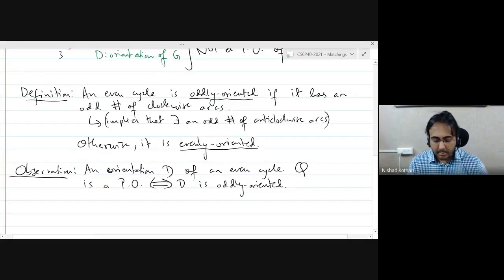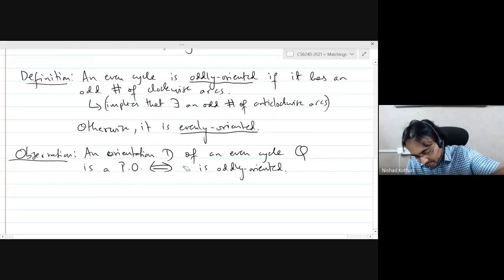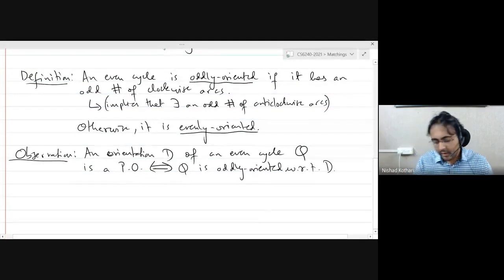So if there are an odd number of clockwise edges, or maybe let me say Q is oddly oriented with respect to D. Okay.